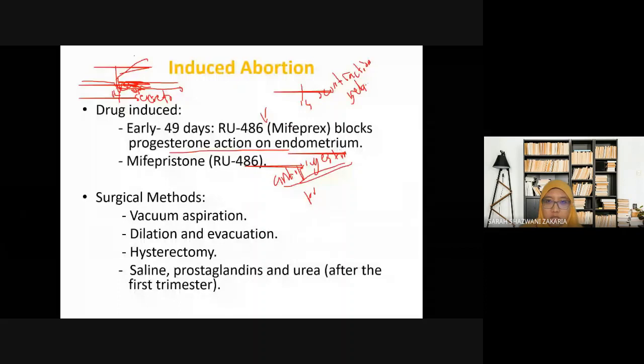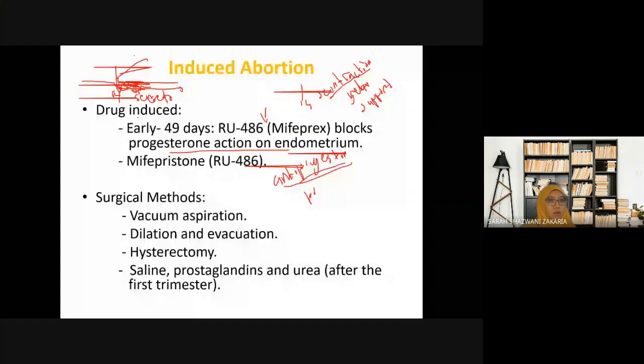The contraction tak ada, very mild, because the condition wants to support or encourage implantation. Okay, bila ada progesterone tu. So bila kita induce abortion, taking these pills over here that have anti-progesterone or block progesterone action, it will cause contraction of the endometrium. Therefore, implantation is hard to occur lah. Okay.